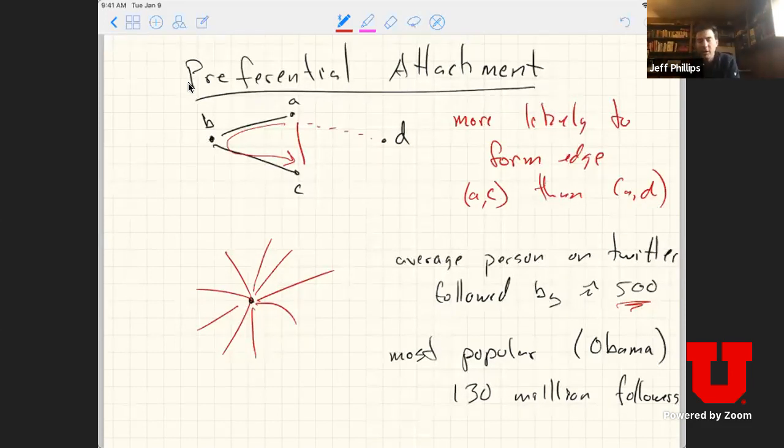So it scales with some constant, 500, maybe closer to 20. Then it's 20 times the number of people on Twitter. It still basically grows linearly with the number of users. But then there's someone like Obama, where basically a constant fraction of Twitter is following his account, right?